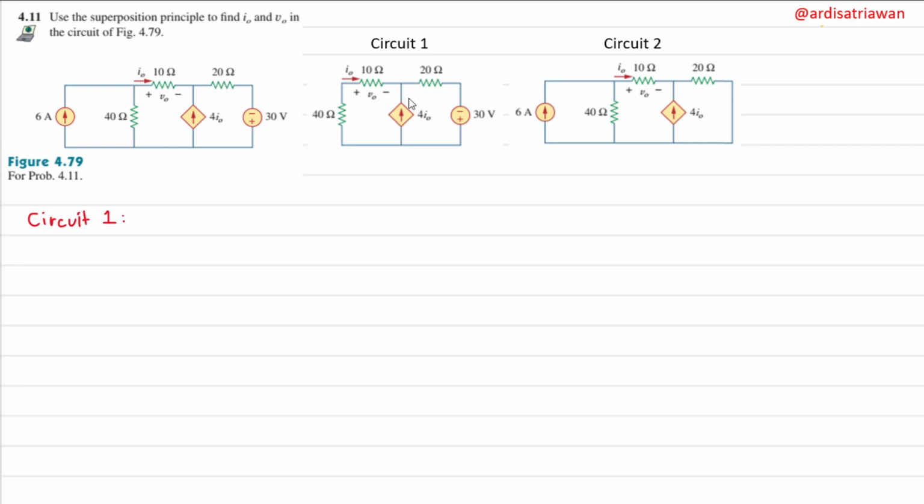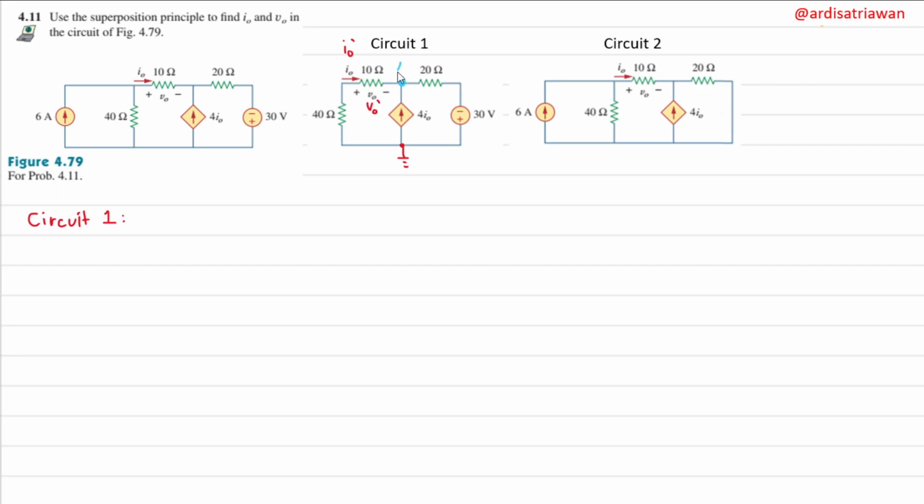Okay, now we have this one, and I will pick this node here as our ground, and I will name things differently. I want to rename this as V0 prime, and this one is I0 prime. And then I want to use KCL at this node.